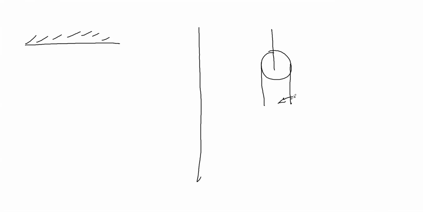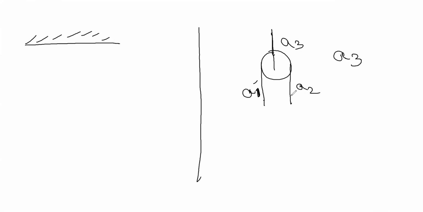Let us suppose the acceleration of the left side rope is A1, the acceleration of the right side rope is A2, and the acceleration of the pulley is A3. For calculating this A3, suppose A1 and A2 are different accelerations.